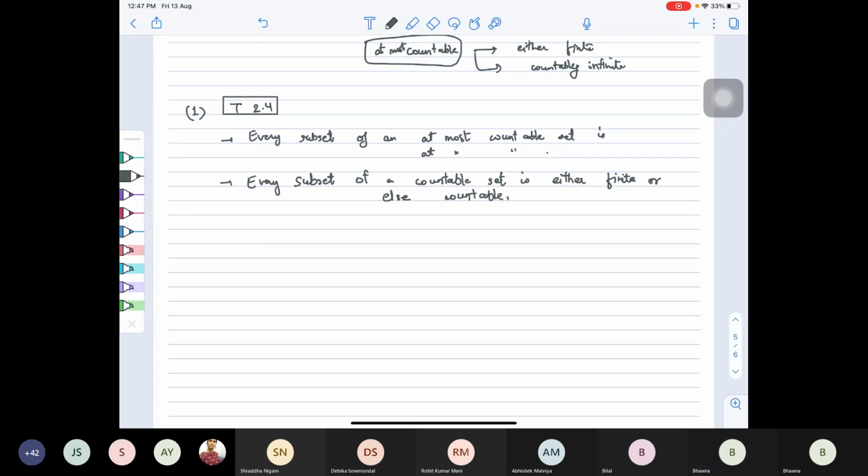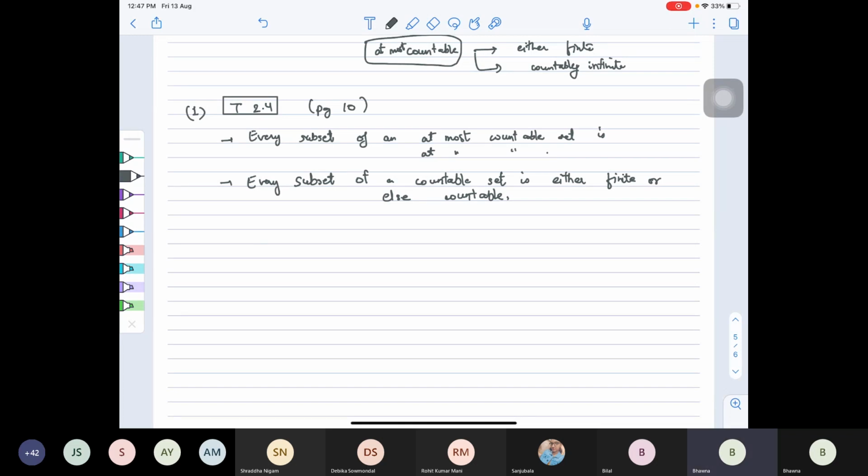Do you understand what I'm trying to say? Yes, ma'am. So this theorem is on page number 10 in the book.